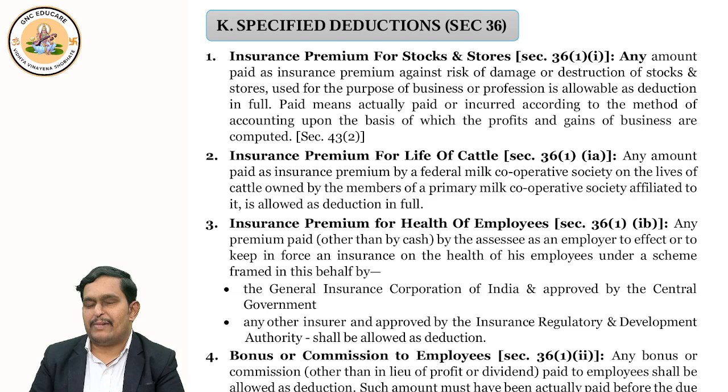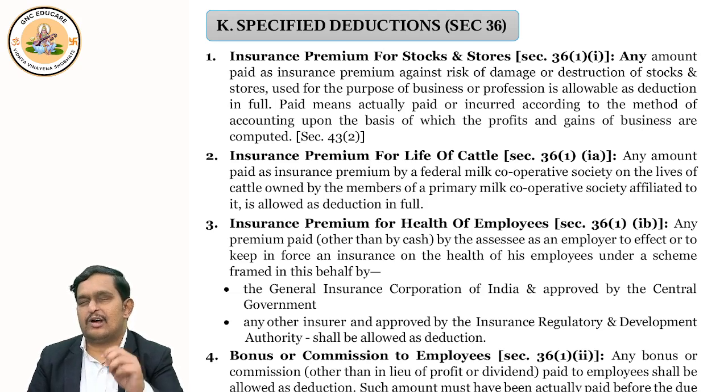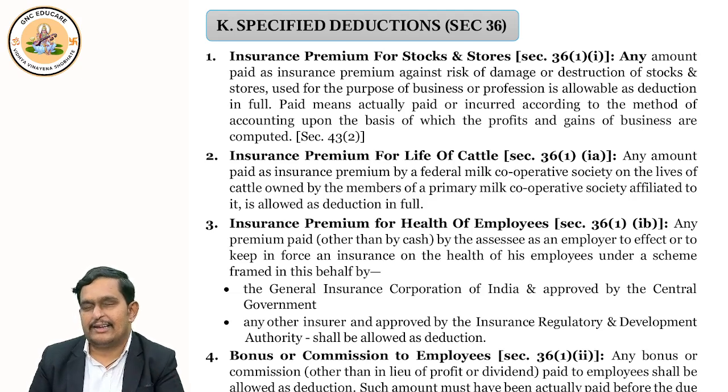First part is insurance on stock. So you are a businessman, you maintain stock. Suppose in the stock suddenly a fire accident happens and the whole stock is burnt by fire. For you as a businessman, it is a heavy loss, correct?